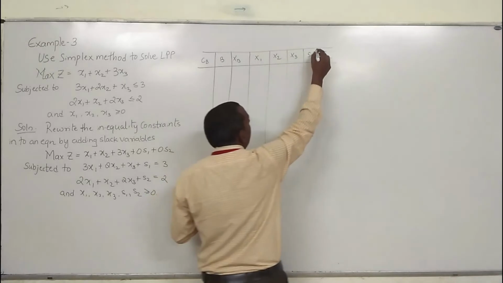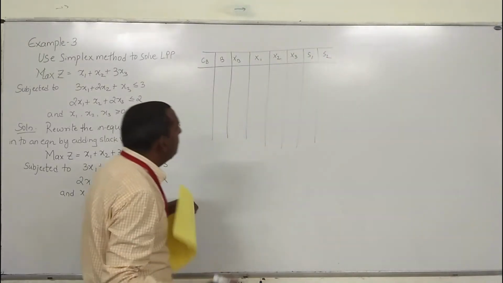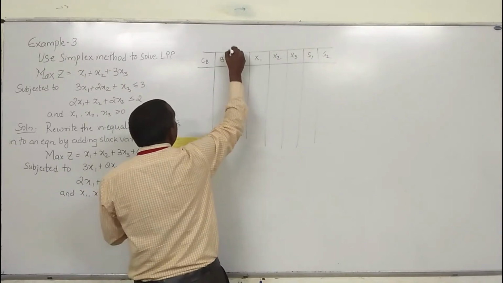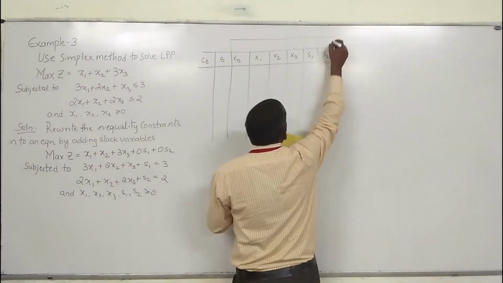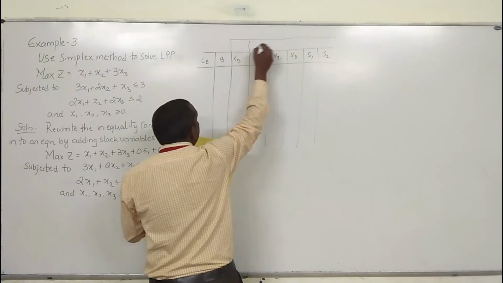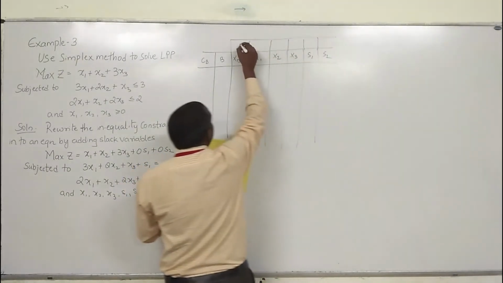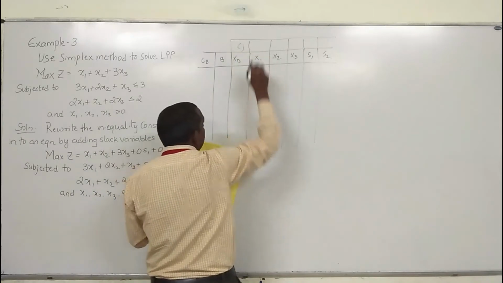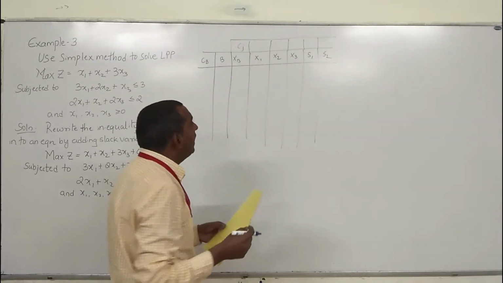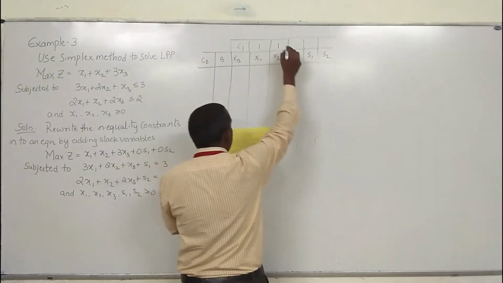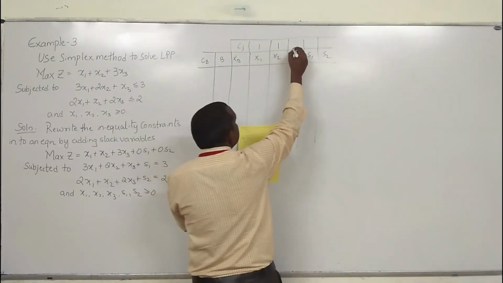So presently the given LPP is not in standard form, so we need to make that LPP standard by adding slack variables, when the constraints are less than or equal to.